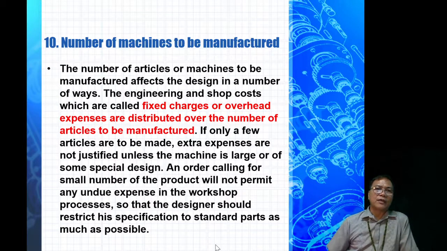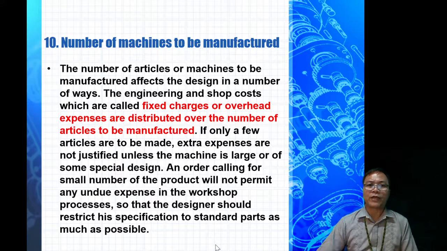Okay, this one is number of machines to be manufactured. The number of articles or machines to be manufactured affects the design in a number of ways. The engineering and shop costs, called fixed charges or overhead expenses, are distributed over the number of articles to be manufactured.